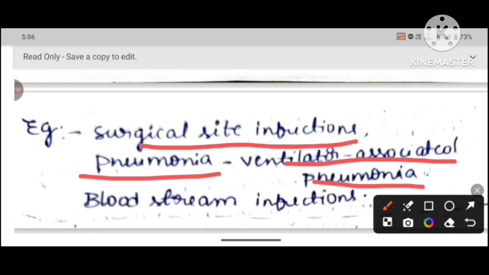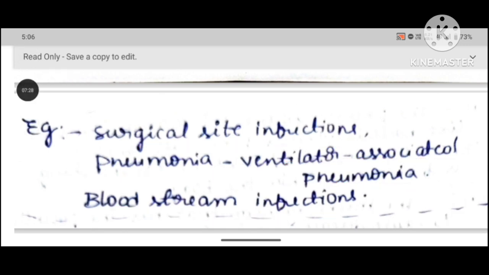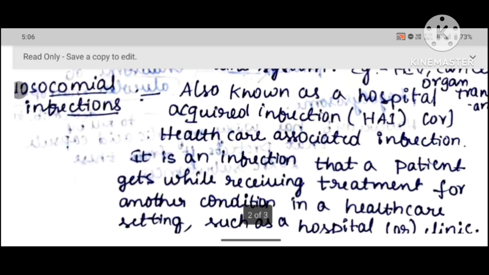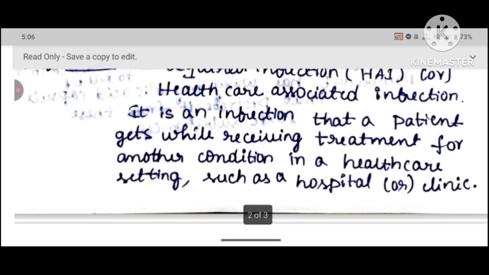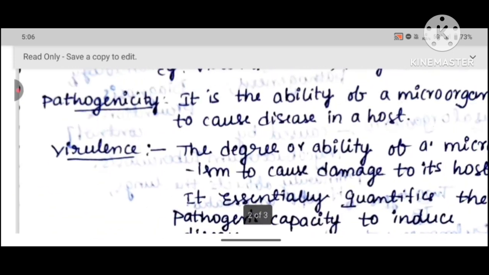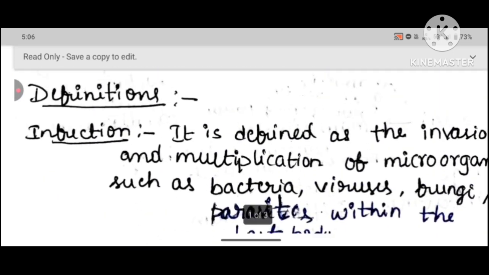And bloodstream infections. That's why they are named nosocomial infections, also known as hospital acquired infections. It is very important that healthcare equipment must be sterilized before treating patients to prevent nosocomial infection. So these are some important definitions of medical microbiology which you need to understand.